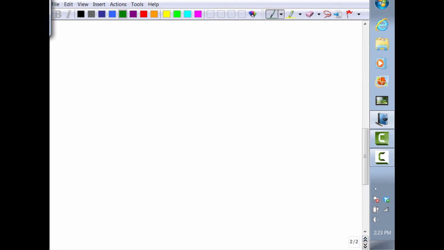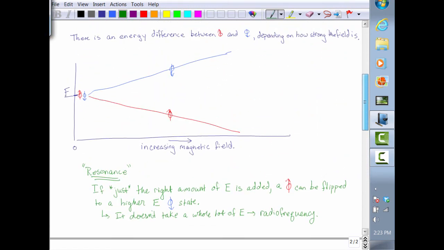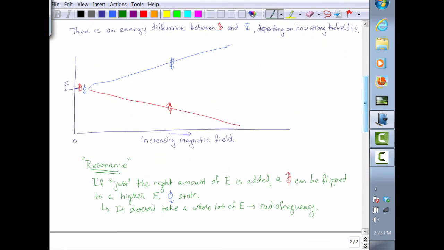Now, just some more theory, the amount of energy needed to obtain resonance depends on both the applied magnetic field, because the applied field determines the difference in the energy, and it also depends on the electronic environment of the nucleus.